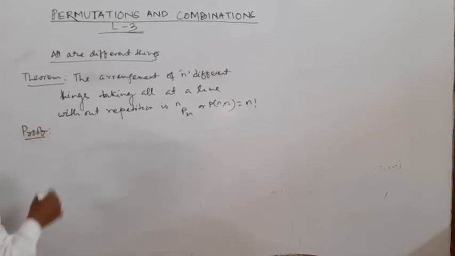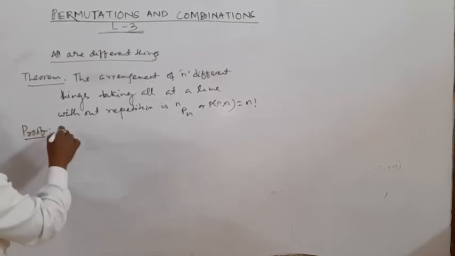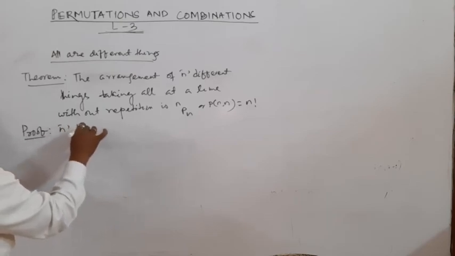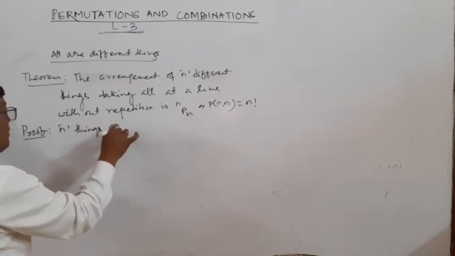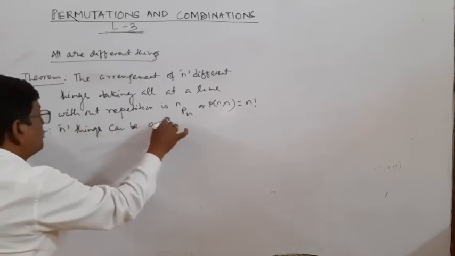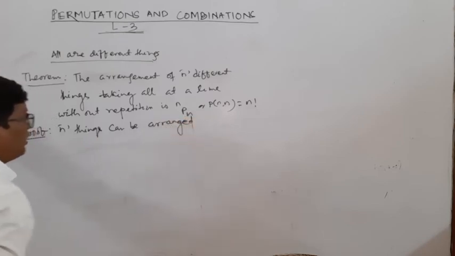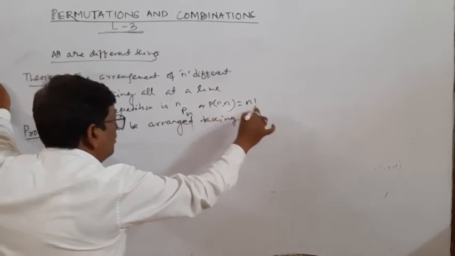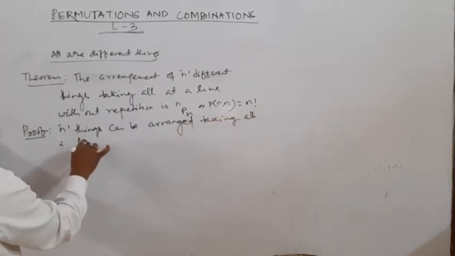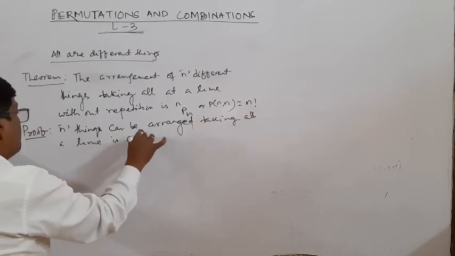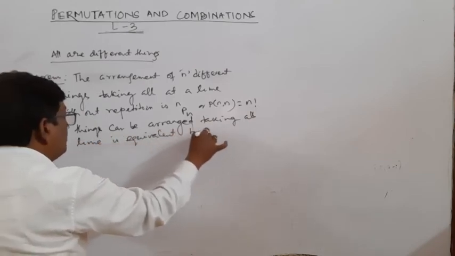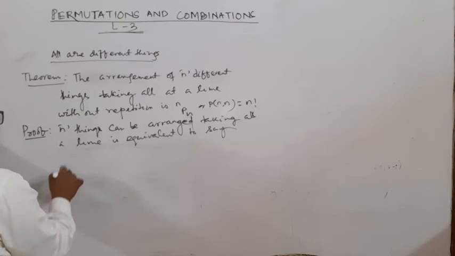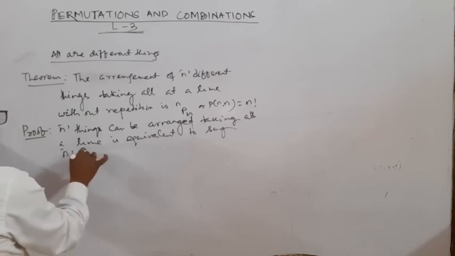Proof: n things can be arranged taking all at a time. This is equivalent to saying n different things are arranged at n places without repetition.